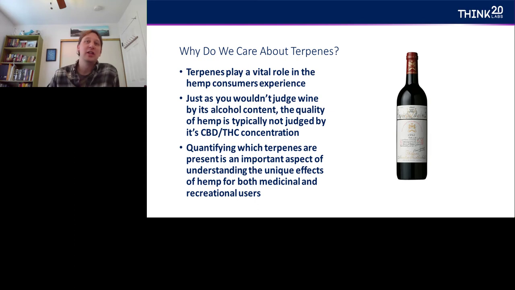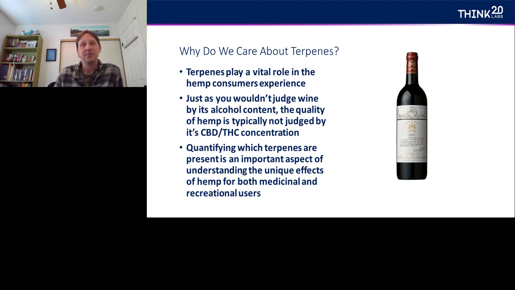A very good analogy that I heard about this was that it's like the difference between a $4 box of wine and a $200 bottle of wine. Those alcohol concentrations are almost going to be identical, but one of them provides a much different experience, right?